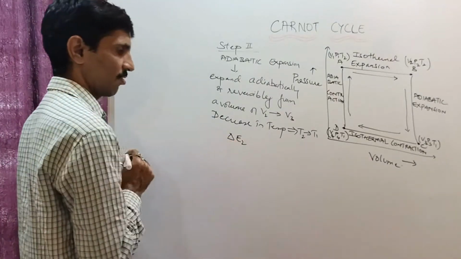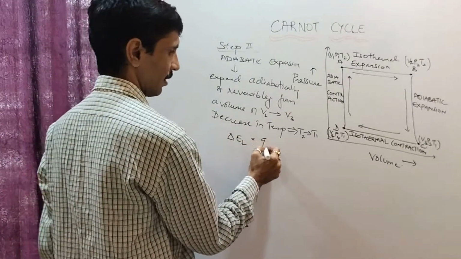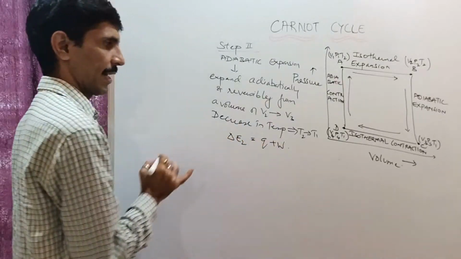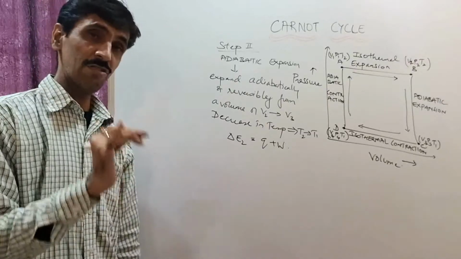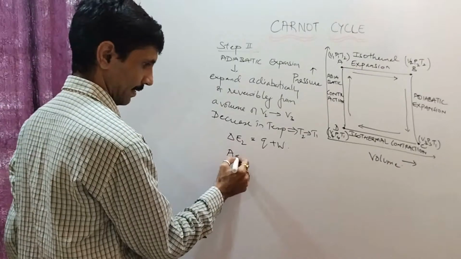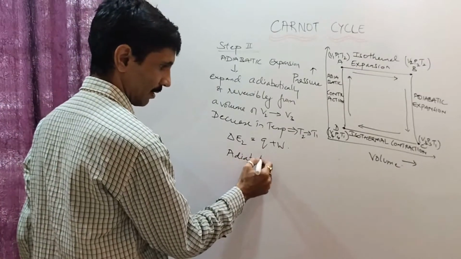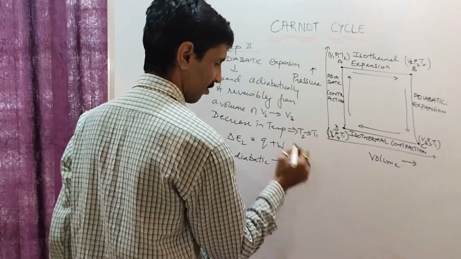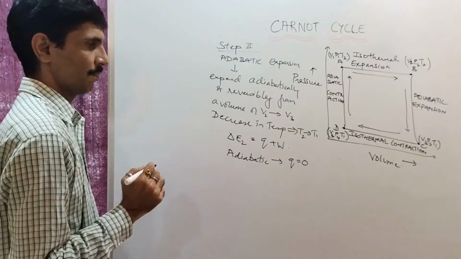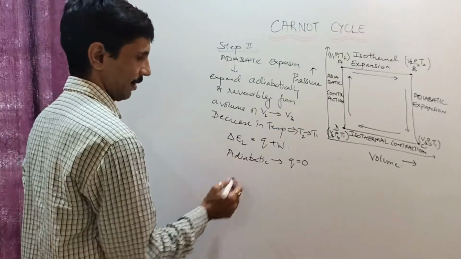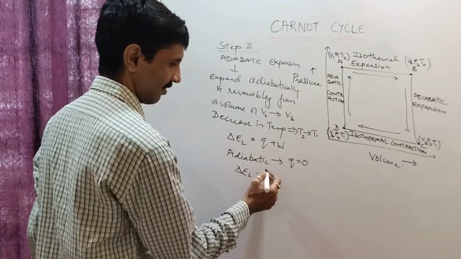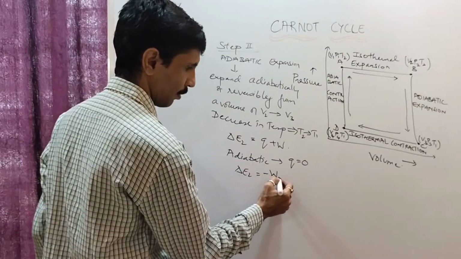Now, when we go for the change in the internal energy, this is the second step, so it is delta E2 is equal to Q plus W. This is what the first law of thermodynamics is all about. Now, because it is adiabatic, there is no exchange of heat taking place, and therefore Q is equal to 0. So delta E2 is equal to 0 minus W2.